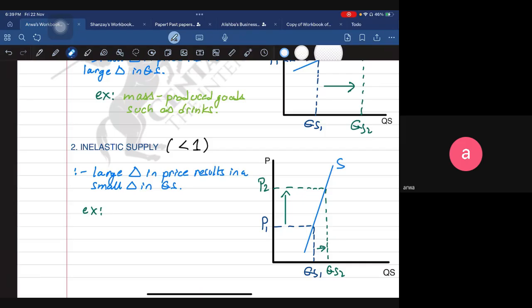Is it because of limited resources? No, we are not going to talk about those determinants like the capacity or the others. We are only going to talk about, okay, I give you a hint, the characteristic of the product. It's the characteristic of the product itself.